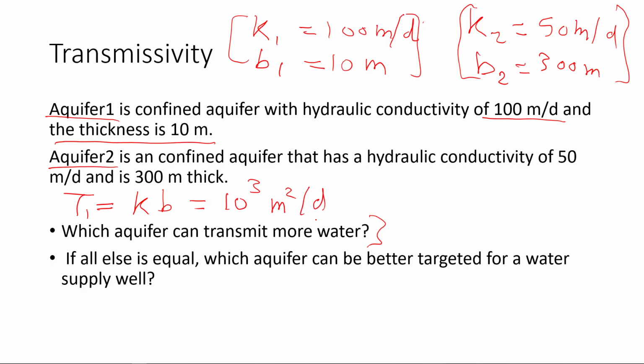That's how much water will flow in a unit width under a unit change in head per day. How about this one? How much water can be transmitted by this one? If you multiply 50 times this, you get about 1.5 times 10 to the power 4 meter square per day.